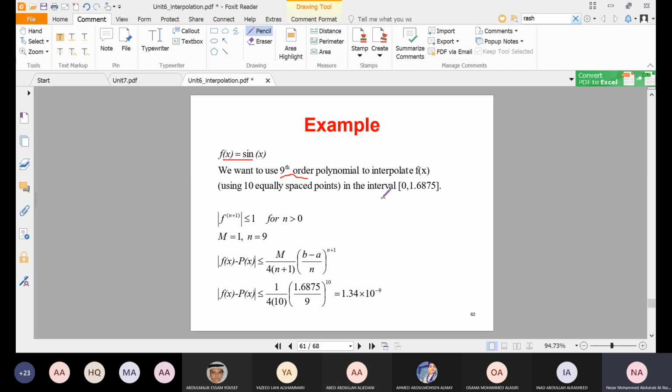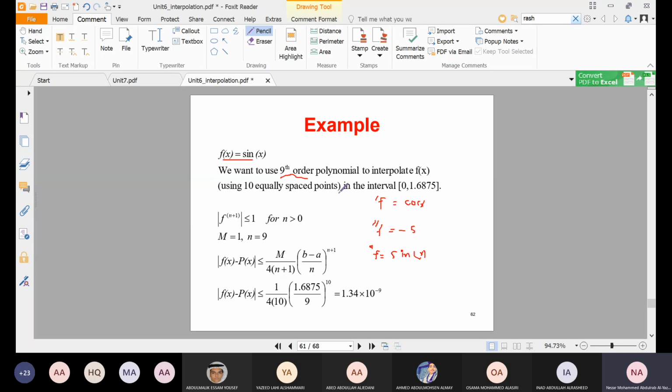If we take the derivative of the function to the 9th order: the first derivative is cosine x, after that minus sine x, the second order. So the 9th order will be cosine x.